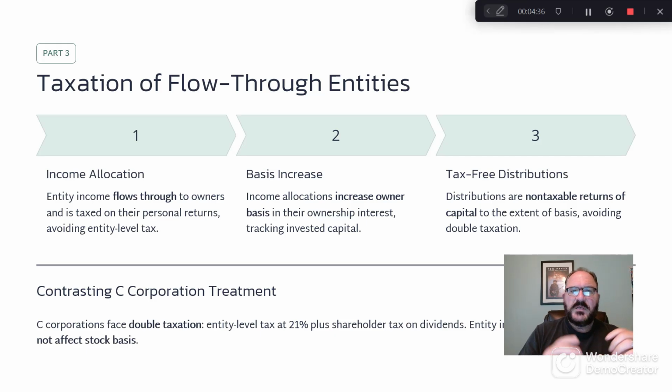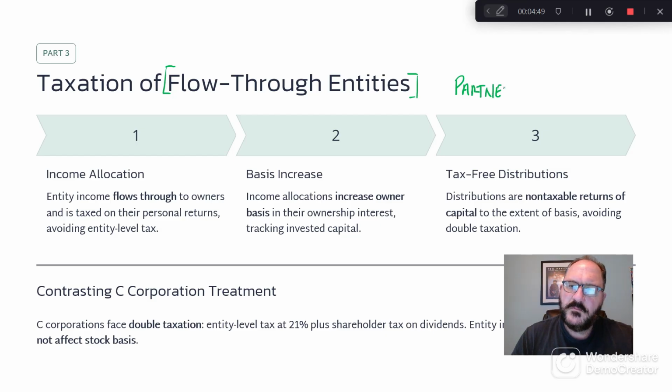All right. So what about these flow-through entities? This would be partnership, S corp, LLC, that's if they decided sole proprietorship.